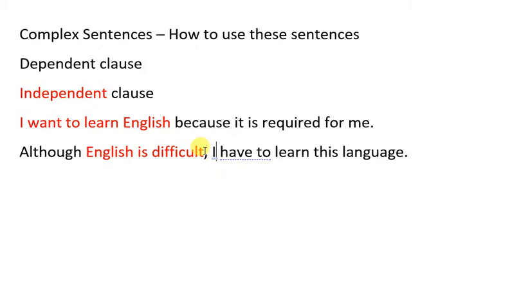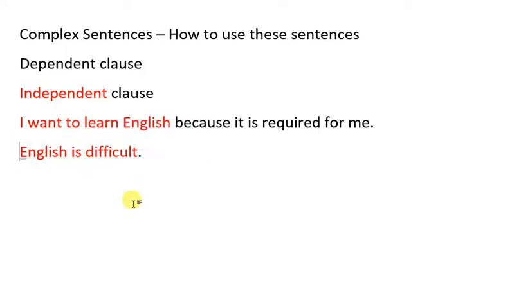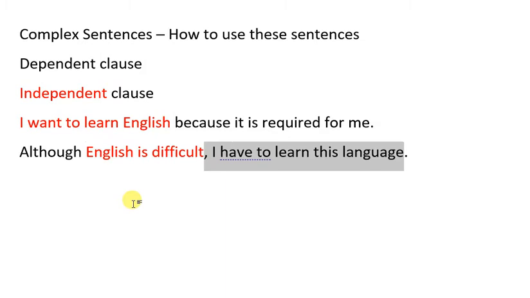The same thing is here: English is difficult. I am talking about language and it has complete meaning. So that is the independent clause.